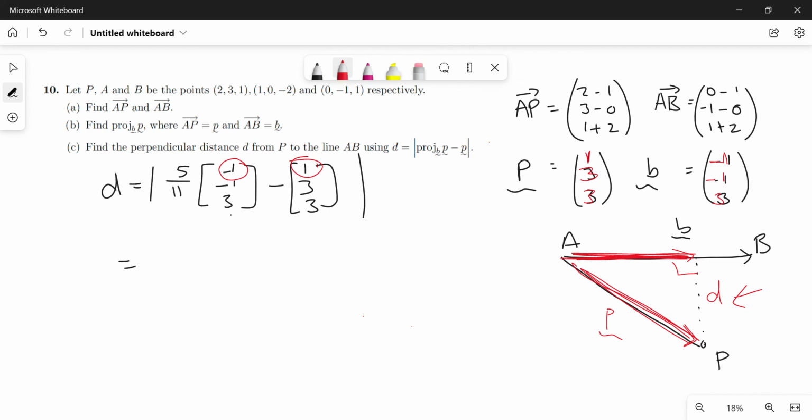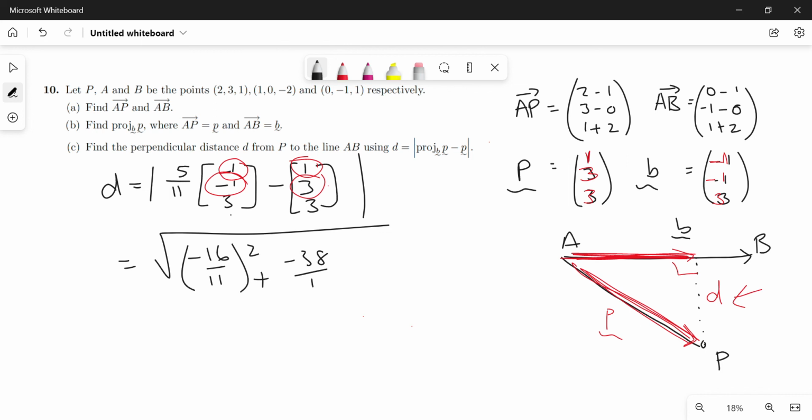I want the distance, so that's my x value and I'm going to have to square that. So that's minus 16 on 11 squared. And then I'm going to take a minus 5 on 11 and a minus 3. 3 11s are 33, so that would be a minus 38 on 11.